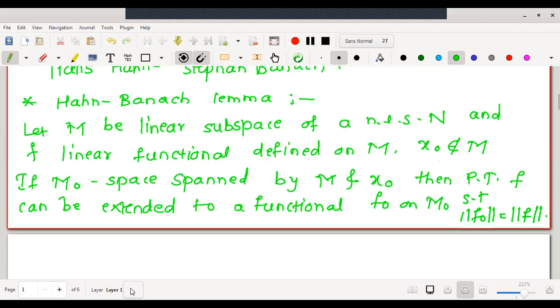This is what the statement is. If we look at it very carefully, how many things are given to us?